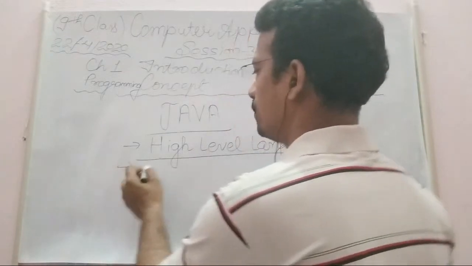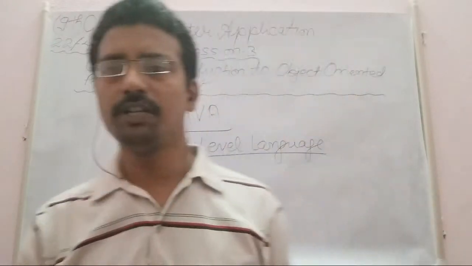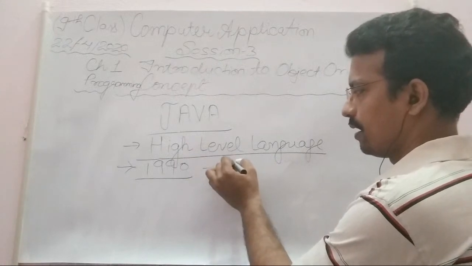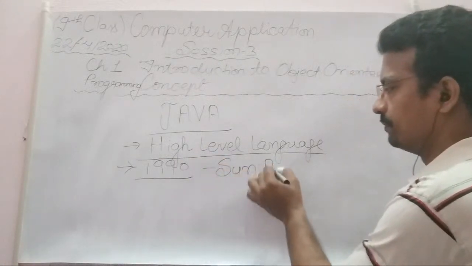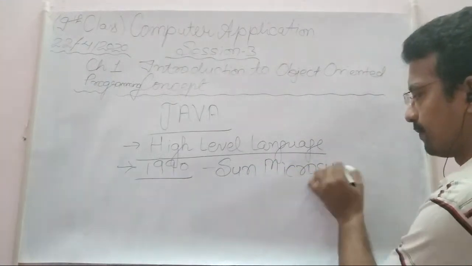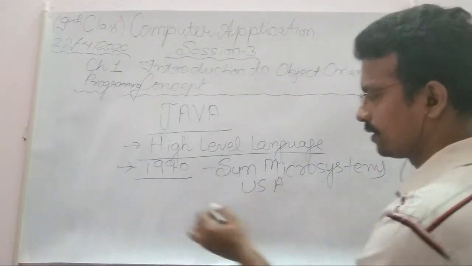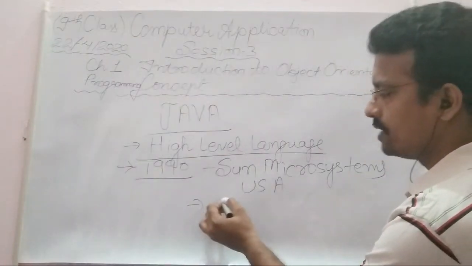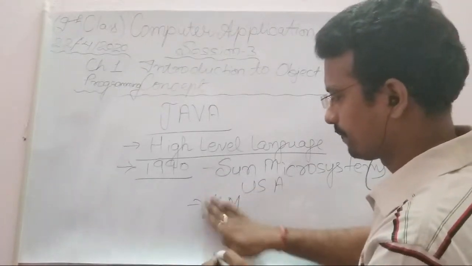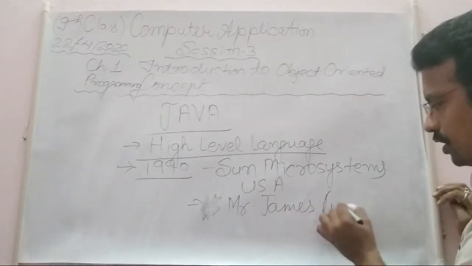Java is a high-level language introduced in 1990 by Sun Microsystems under the guidance of Mr. James Gosling.